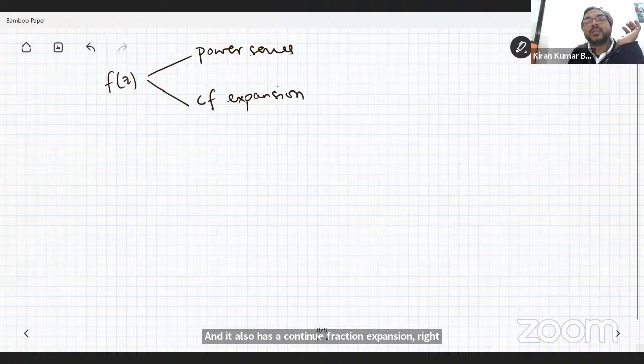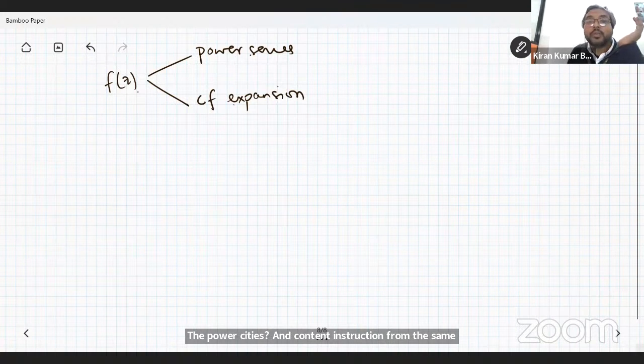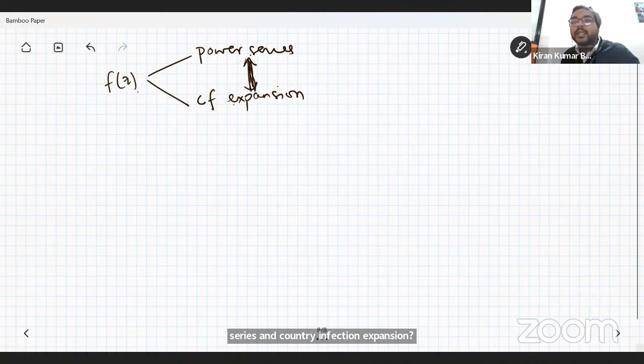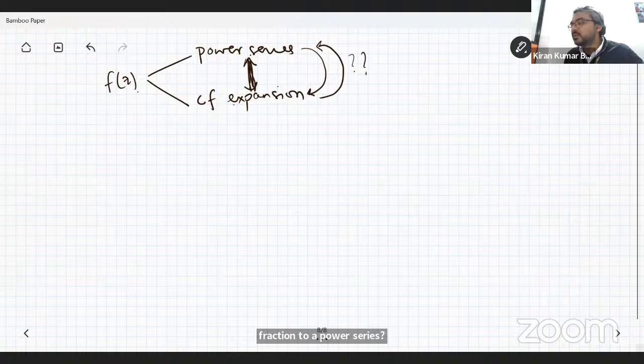So power series and continued fraction from the same function f(z). Now, is there a relation between power series and continued fraction expansion? By that, what I mean is, can I come from power series to continued fraction, and can I convert a continued fraction to a power series? So these are the two questions that we'll discuss, right?